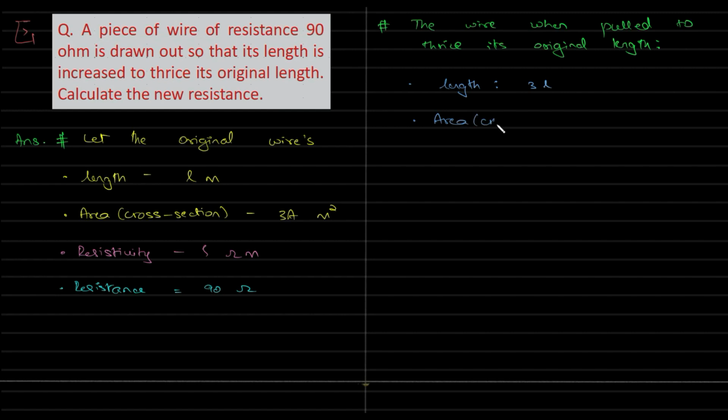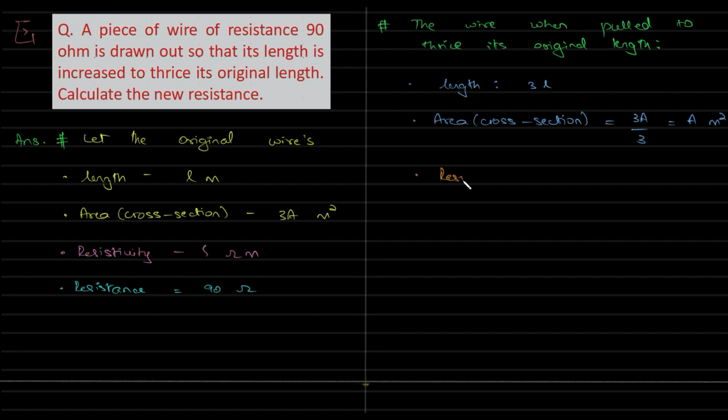Area of cross section will be equal to 3A by 3. So this will become A meter square. Okay, so this is the only thing that will confuse many. So again, just take a rubber band, pull it, you will see the effect.